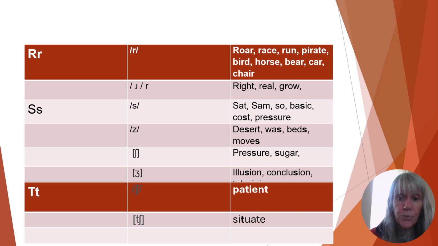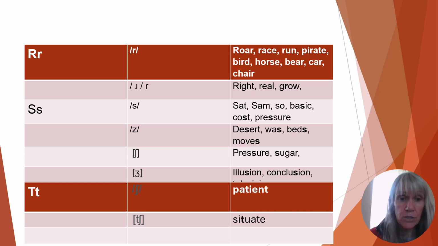R makes an r sound: roar, race, run, pirate, bird, horse, bear, car, chair. So we're hearing that sound. It could also sometimes make a not very pronounced sound, as in right, real, and grow.